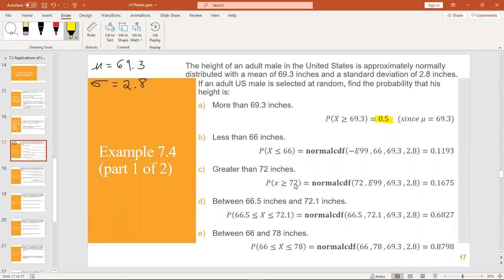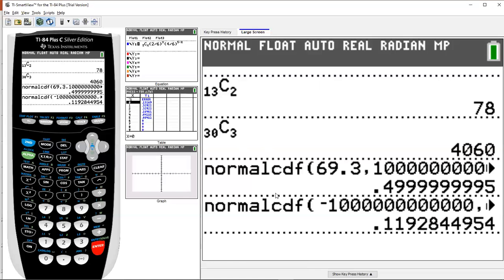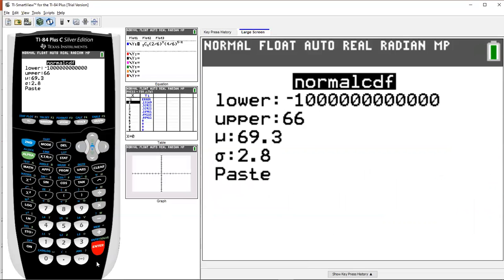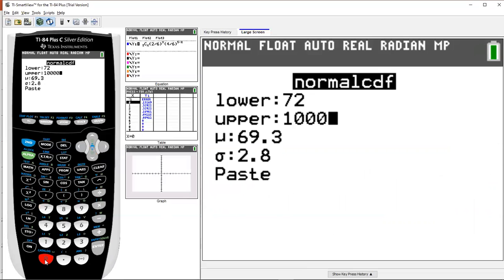Greater than 72, so that means we want to be 72 or above. Again, we'll go to second vars, pick the normal CDF. 72 is the low end. Above, so we're going to go as high as infinity, so we're just going to put a really, really huge number in for that.